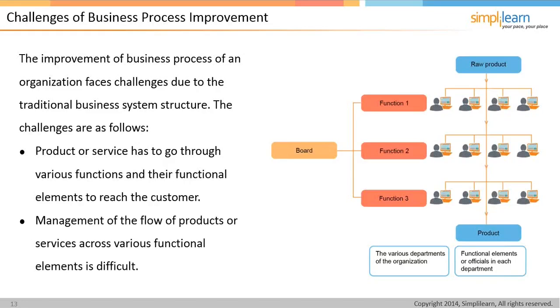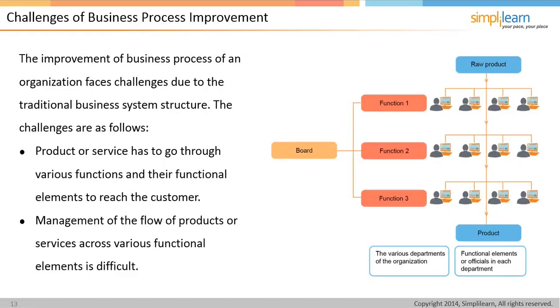Now, the improvement of a business process of an organization is going to face challenges due to the traditional business system structure. So some of the challenges would be the product or service has to go through various functions and their functional elements to reach the customer. Management of the flow of products or services across various functional elements is difficult.